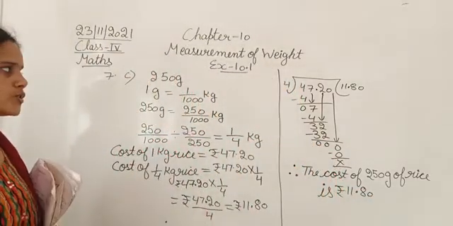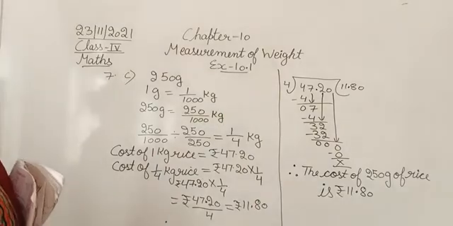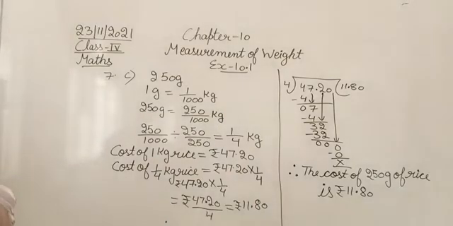So this is the cost of 250 gram of rice. And this is the solution for the C part as well. You can pause it here and note it down in your notebooks.